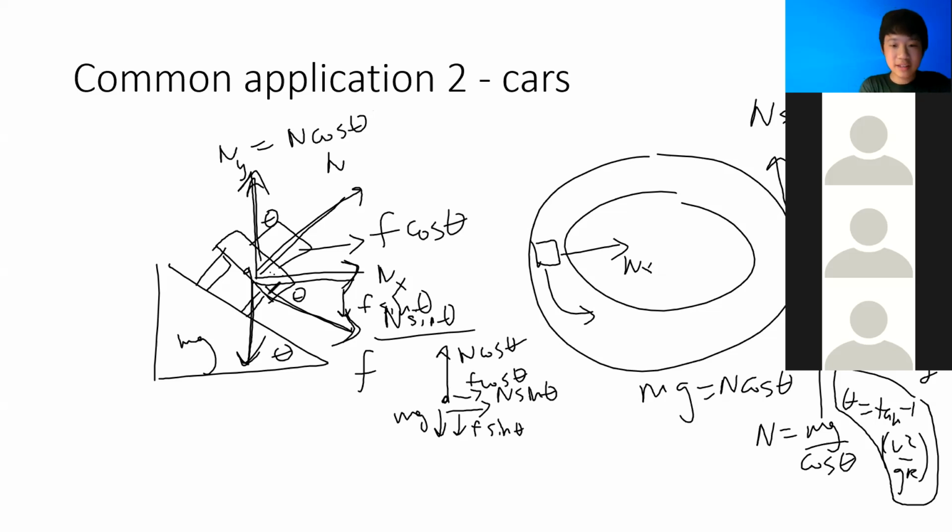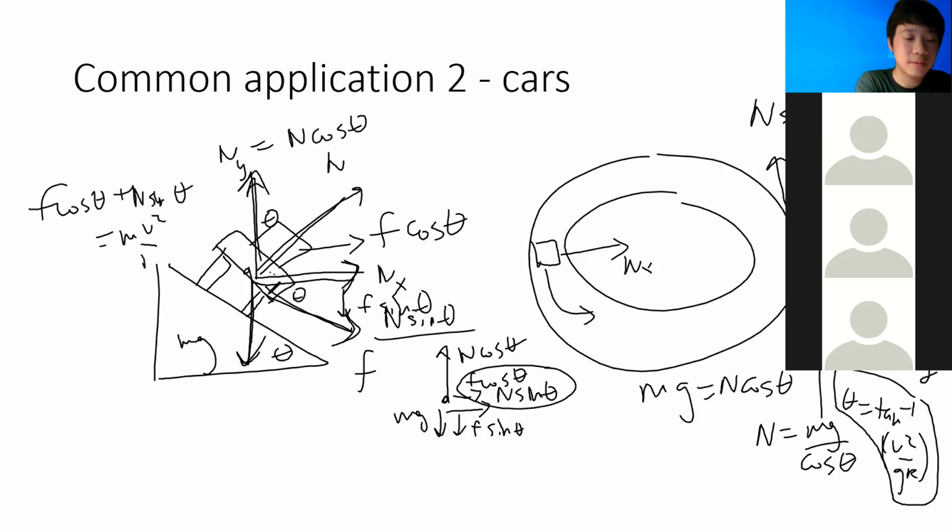So in this case, both friction and normal force are going to supply centripetal acceleration, and you would find this using f cosine theta plus n sine theta equals mv squared over r. And then on the vertical plane, you can have the equation where n cosine theta will balance out mg and f sine theta.